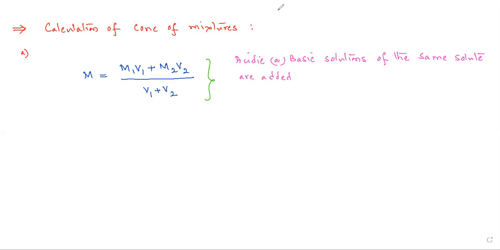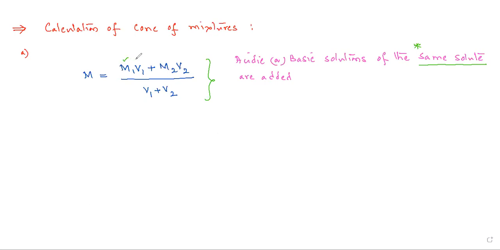Very interesting. It's because of the basicity and acidity thing. See, in this case, remember to take only the solutions of the same solute.